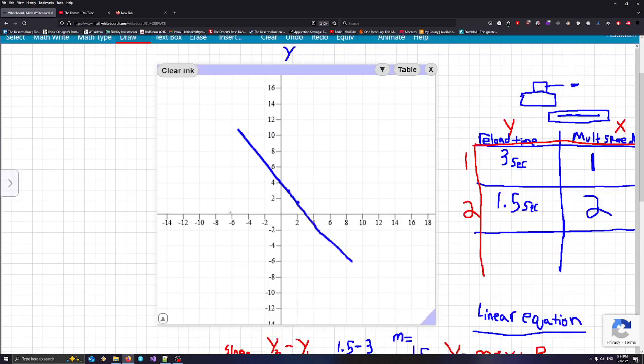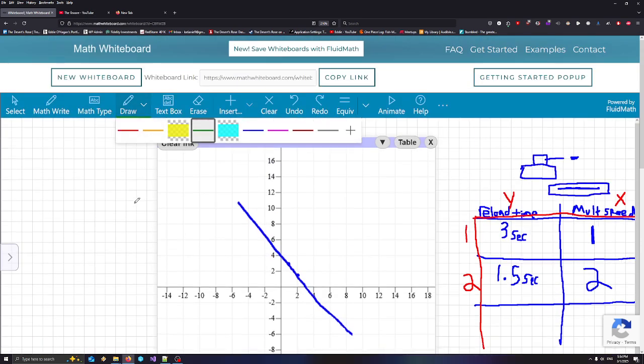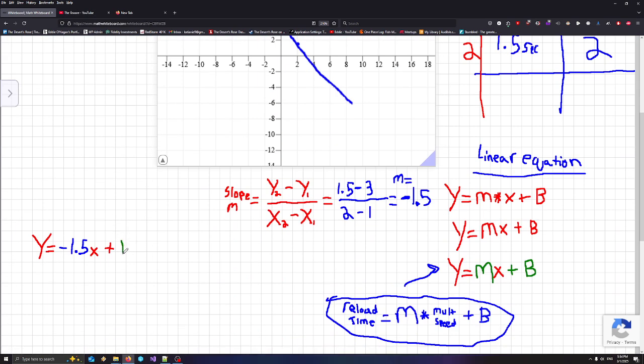So we still have to figure out this b guy, how to solve for him. I shouldn't assume. It's plus b. So we have y equals negative 1.5 times x plus b.